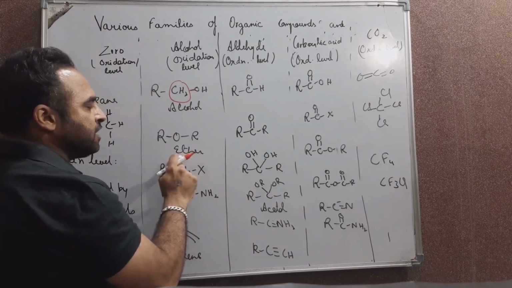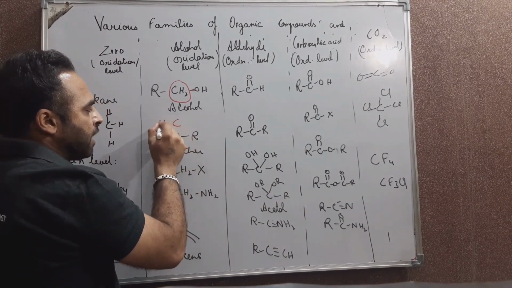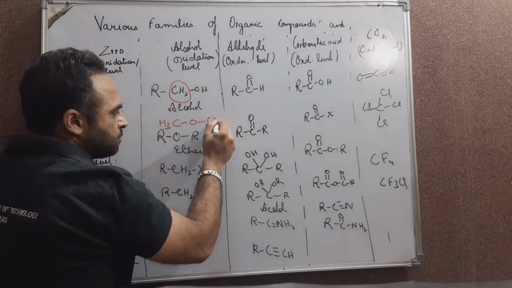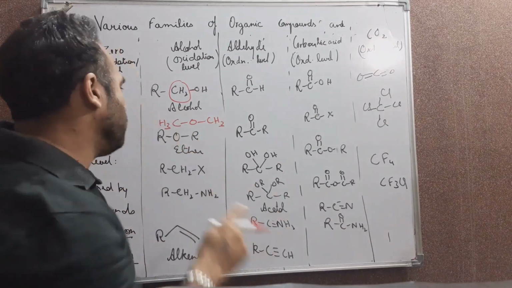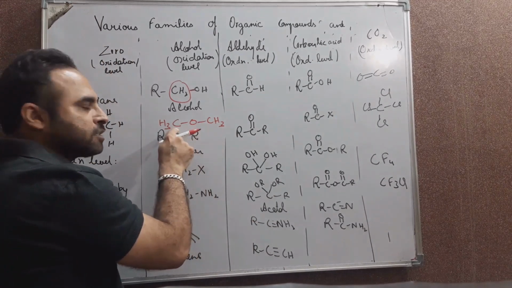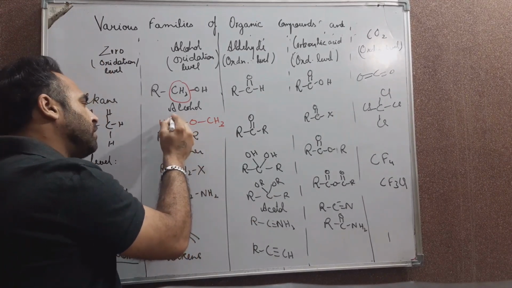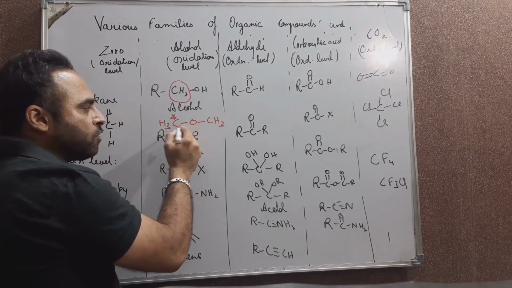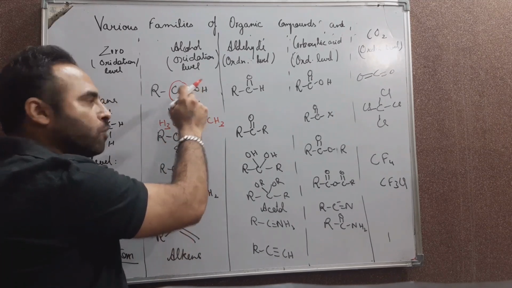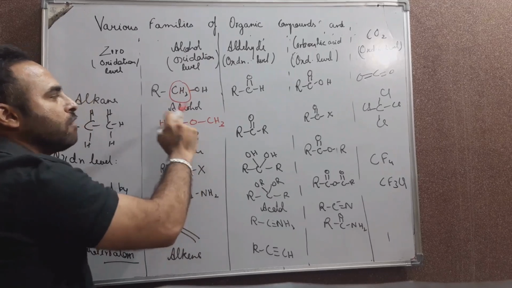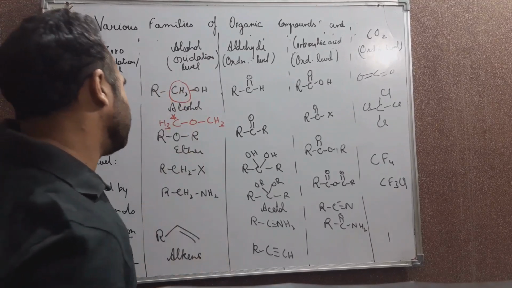Similarly, you can see in ether, if I write dimethyl ether, we have to take one carbon only. We cannot see this carbon and this carbon together. If we take only this carbon, it has got one bond with oxygen. So this will be at the oxidation level of alcohols.